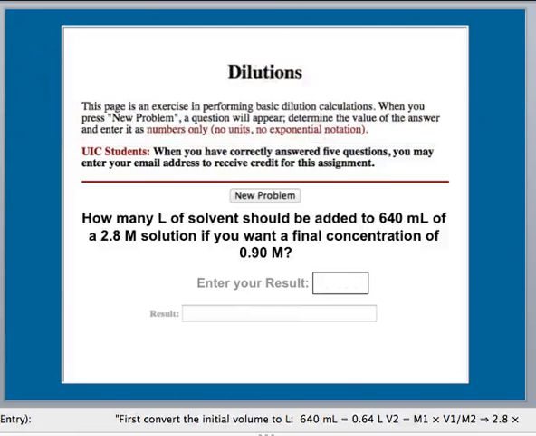One more. How many liters of solvent do we have to add to 640 mils of 2.8 molar to give a final concentration of 0.9? Now I'll hush here for a second. Let you think about this one.